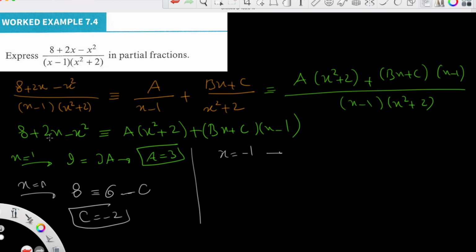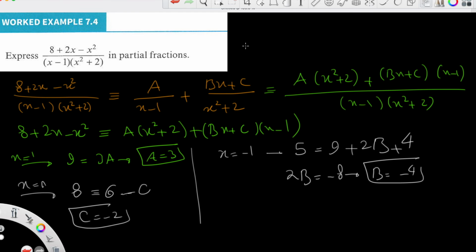If x is negative 1, 8 minus 2 will be 6, 6 minus 1 will be 5, which is equal to, on the right hand side, if it is negative 1, it will be 3a, a is 3, it will be 9, then negative 2 times b times, actually x is negative 1, it will be positive 2b, then c is minus 2, it will be 4, then 2b is equal to 9 plus 4, 13, it will be minus 8, then b will be negative 4.